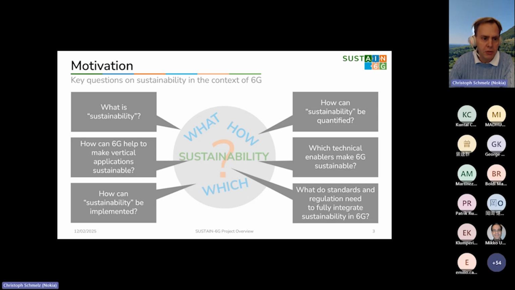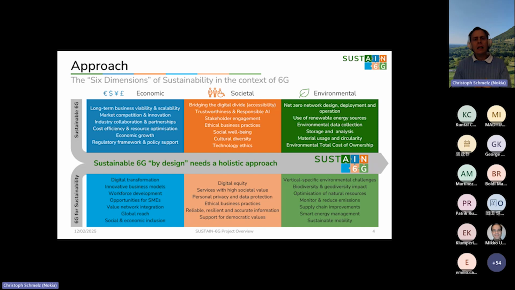Now, on the first question, what is sustainability? Here is a canvas, or you could even call it a matrix. Sustainability has, at least looking at the baseline, the UN SDGs, 3 areas: economic, societal, and environmental.